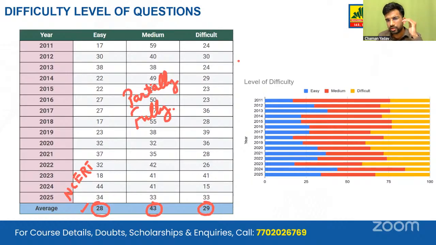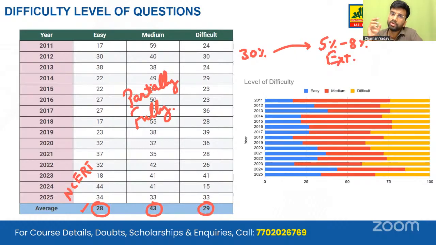And the difficult questions are about 30%, and out of these there's a category of around 5 to 8% questions of extreme difficulty. If an aspirant knows the correct answer for sure, they should attempt these. Otherwise, these questions should not be touched on the day of examination.